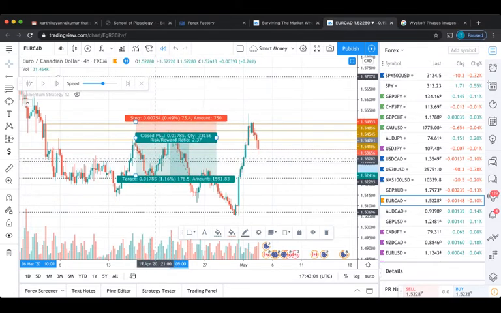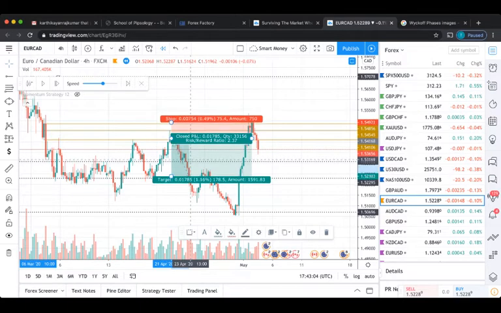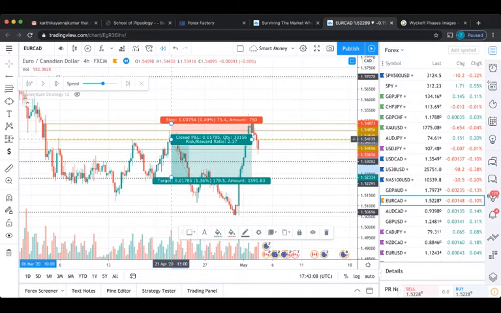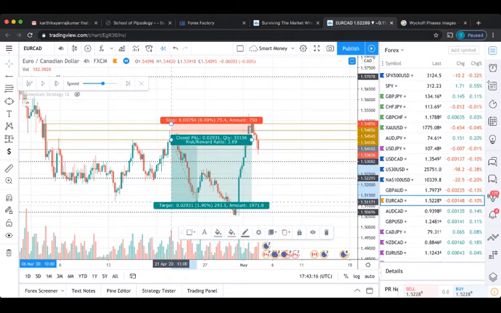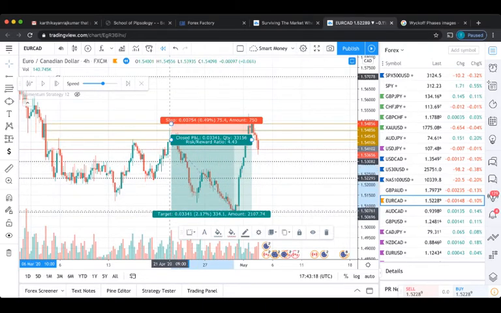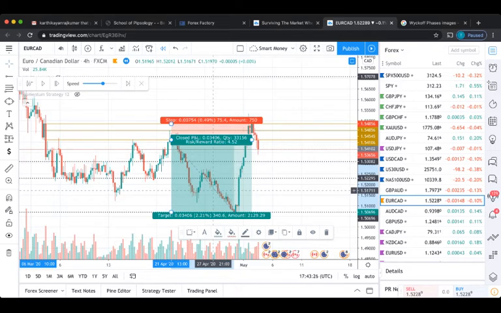We hit this target again, we set it right back up, and now instead, let me see here, bring this down to here, set this to here, and this time we hit target number 2. Risk to reward ratio was 4.52.